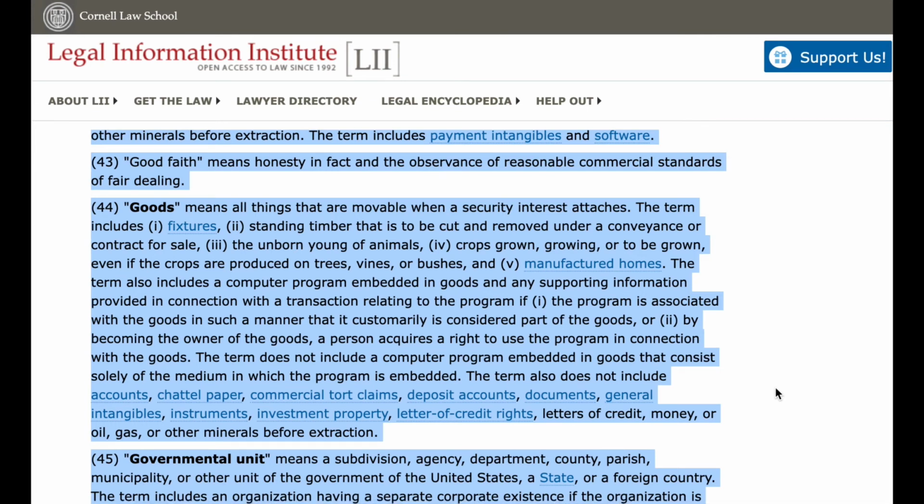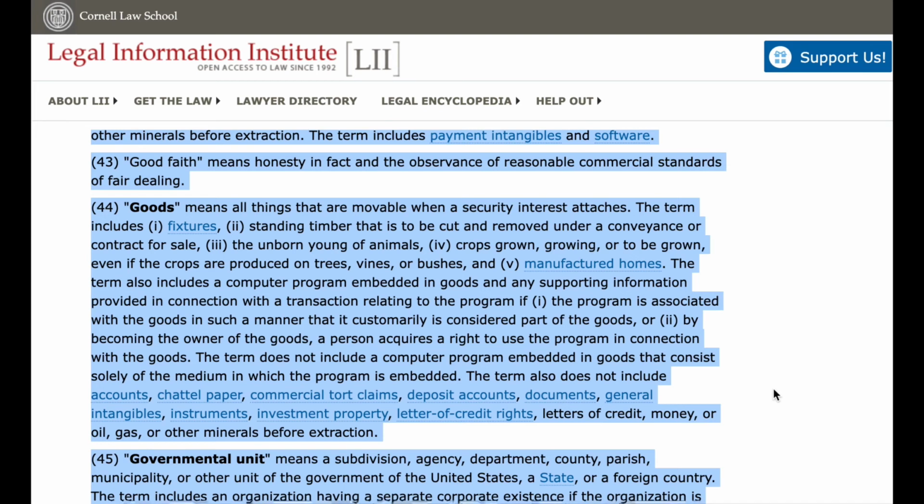The term also includes a computer program embedded in goods and any supporting information provided in connection with a transaction relating to the program if 1. The program is associated with the goods in such a manner that it customarily is considered part of the goods, or 2. By becoming the owner of the goods, a person acquires a right to use the program in connection with the goods. The term does not include a computer program embedded in goods that consist solely of the medium in which the program is embedded.